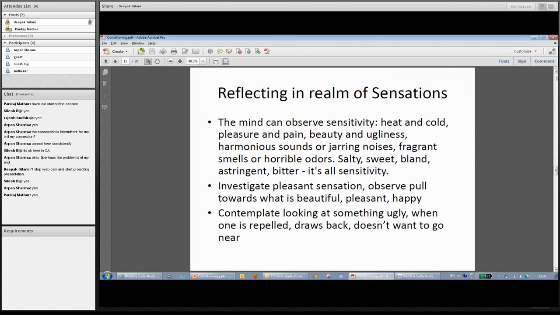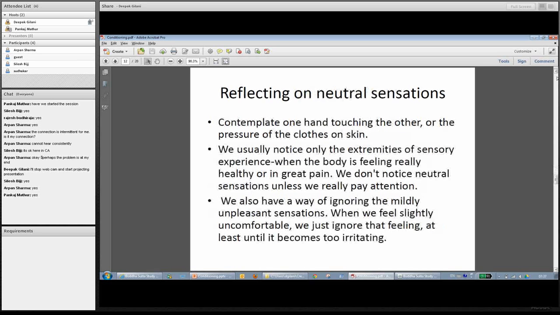We can observe our pull towards those pleasant sensations, our liking towards them. And the same thing we can do with the ugly. We can see how we are getting repelled, how we are drawing back from those things which we don't like, or the pain which we don't like. So this reflection on sensations is just to notice how our mind reacts to those things, and whether we are getting a pull or getting repelled.